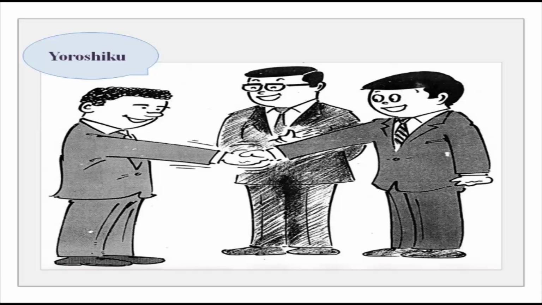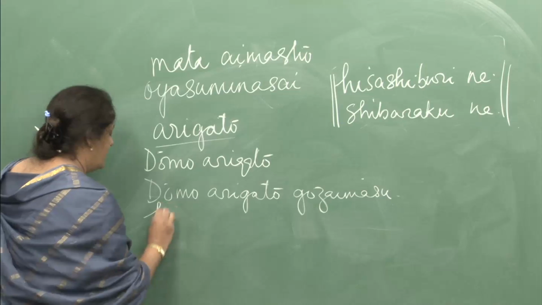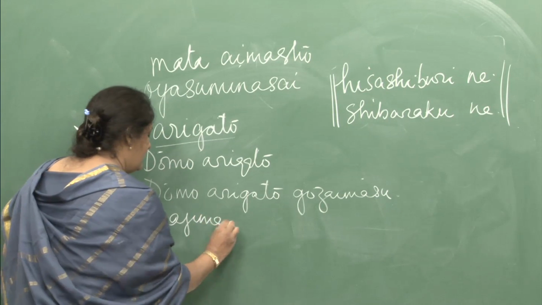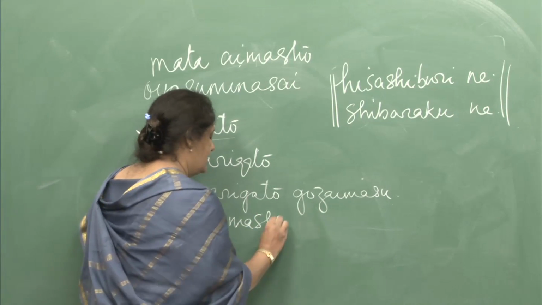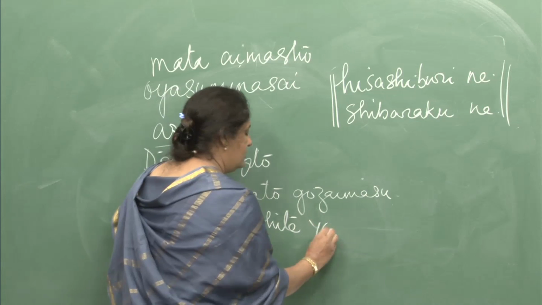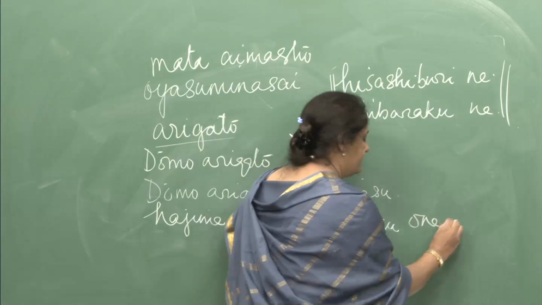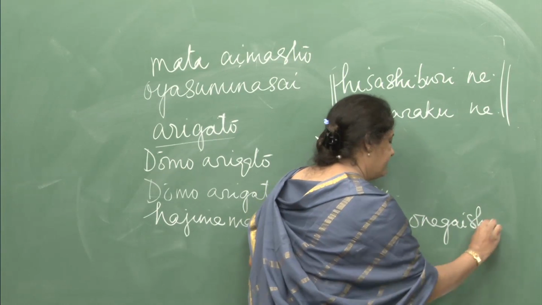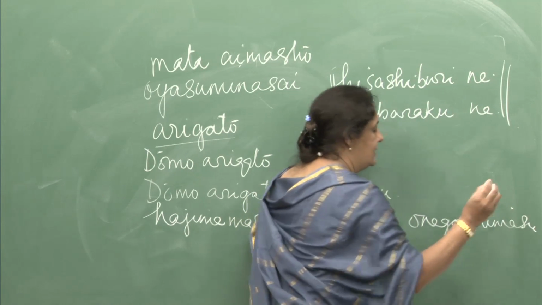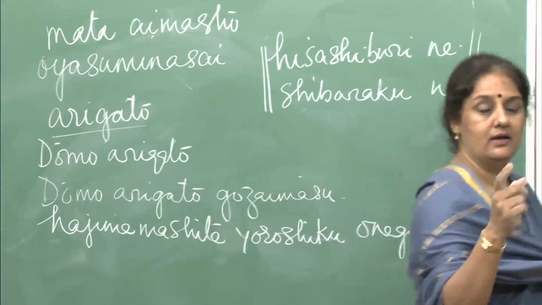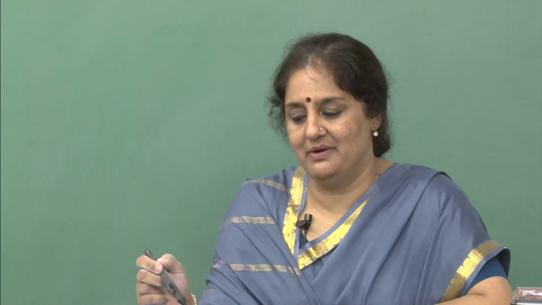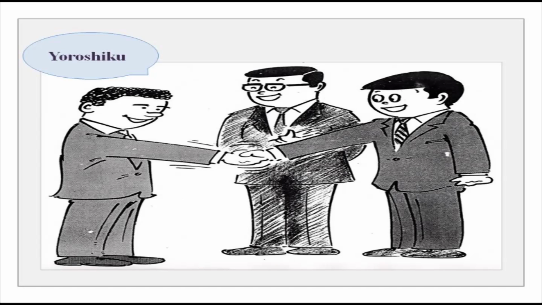Hajimemashite, yoroshiku onegai shimasu. So, this is only done the first time when you meet someone. Informally, you can say hajimemashite and just yoroshiku.